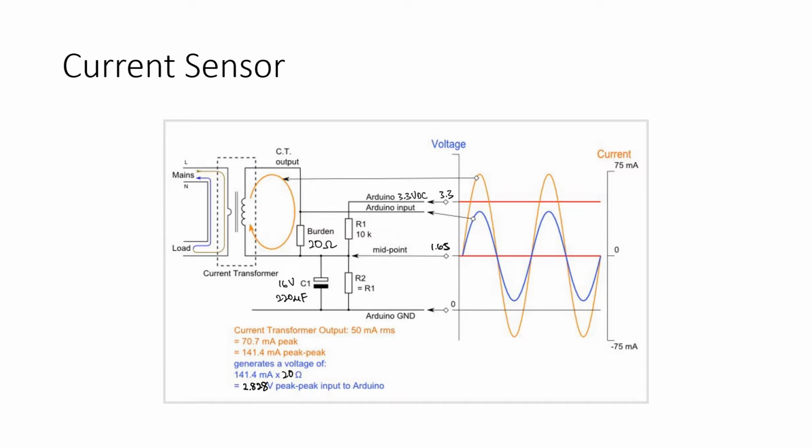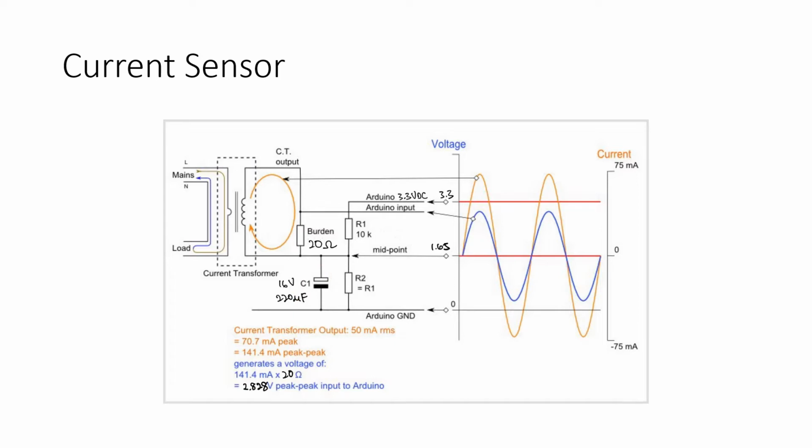You can see that I also use a voltage divider rule here. So the voltage reference for my burden resistor will be 1.65 volts instead of 0 volts. This makes sure that the negative cycle of the CT, the current transformer output, won't go inside the Arduino, but instead will go to the path I provided, which is the capacitor here.